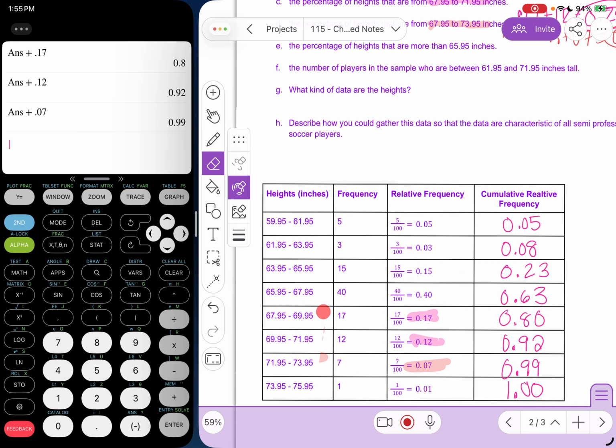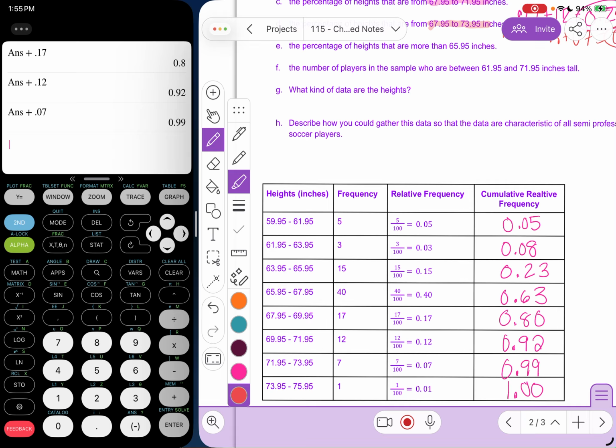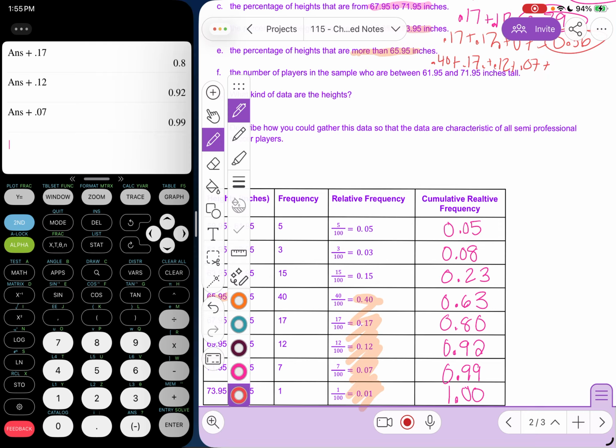Now, erase these so I don't get confused. More than 65. So we're going to start at 65 and go up. So that's everything above here. So 40 plus 17 plus 12 plus 7 plus 1.